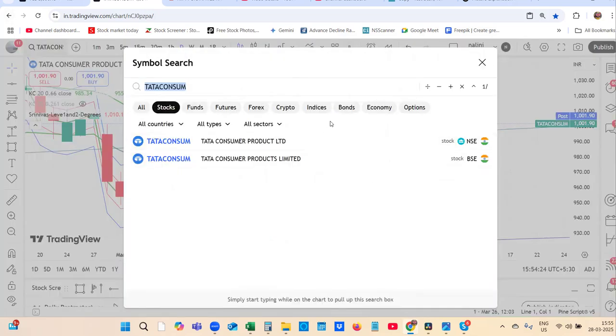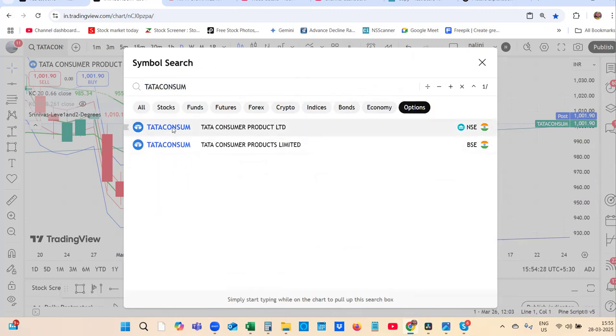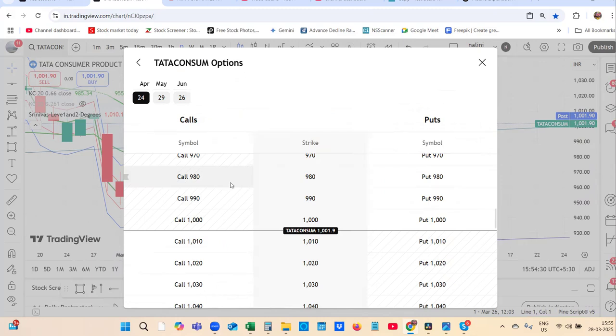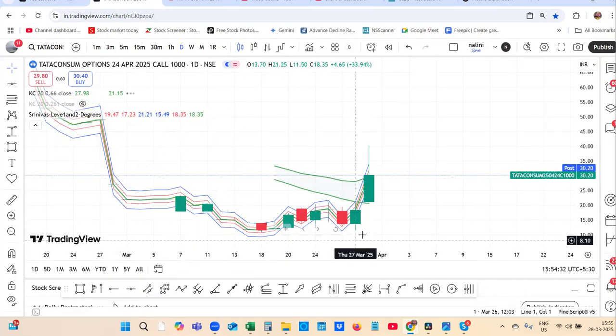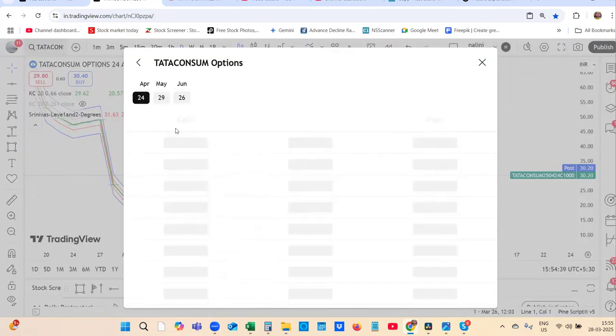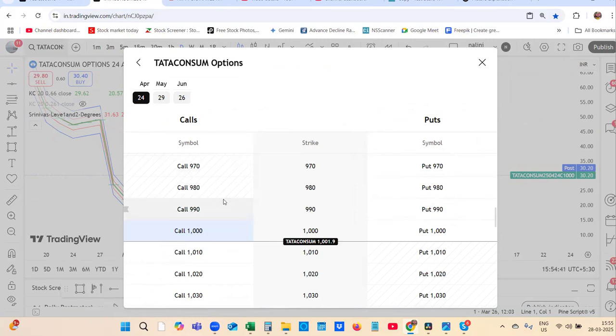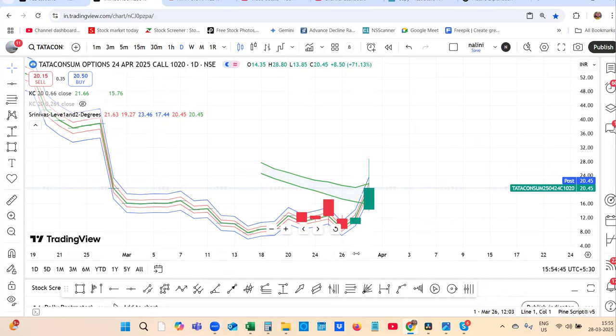I have to go and check what he has written. Anyway, let me go to the 1,000 call option. 10 rupees. Probably he might have taken a little bit more. 1,001, 1,020. Let us check.